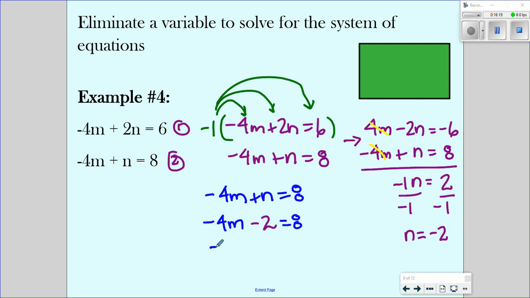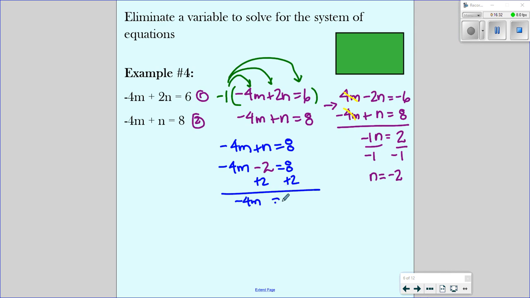All right. So let me undo. I'm going to add 2 on both sides. And then that will give me negative 4m on this side, equal 10. I'm going to divide negative 4 on both sides.